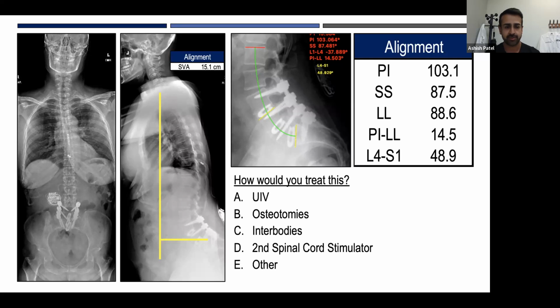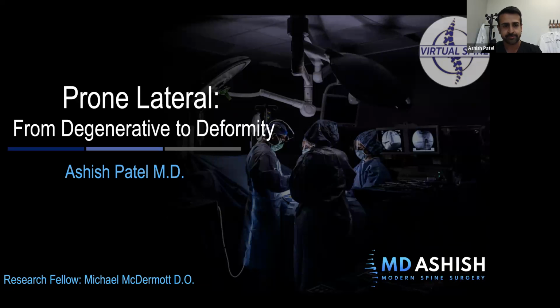It's 14.5 and not so off, but if you start to place hyperlordotic interbodies above, you're chasing a very, very high PI, and it's hard to know how that would turn out and where you've got to stop. But there was some consensus around performing a distal osteotomy in this case, and this is something that I'm going to continue with a little bit later.